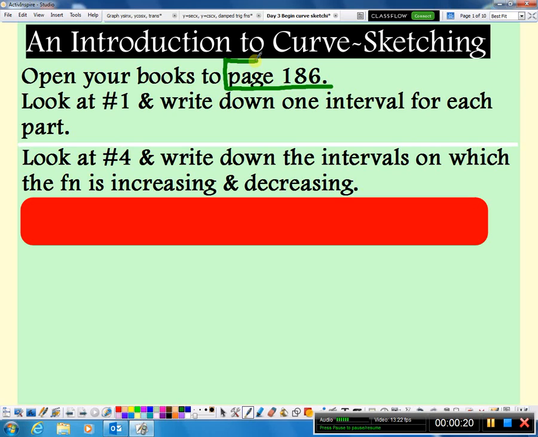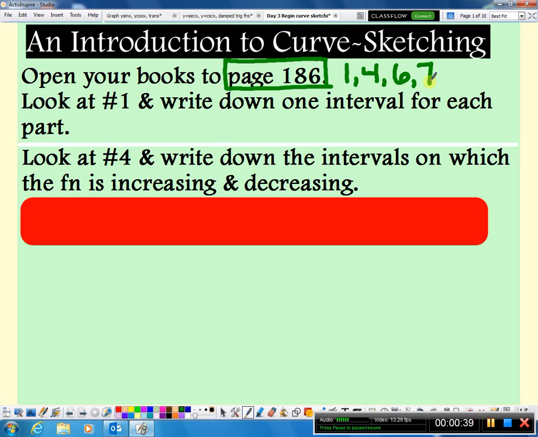On page 186, you are going to be looking at problems 1, 4, 6, and 7, okay? What I would like you to do is answer on number 1 one interval for each part.